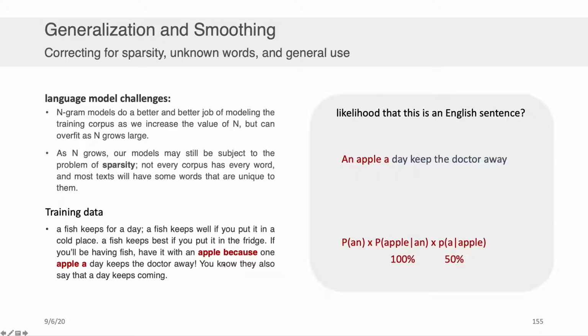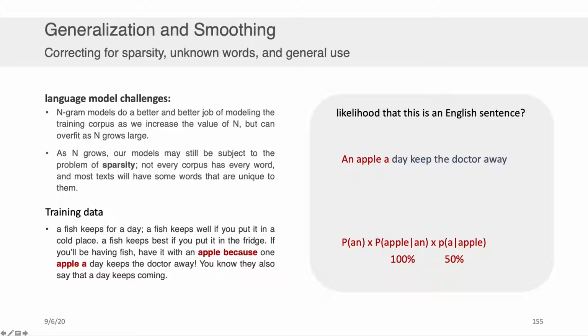And then I could say, okay, well, now, given that I have the word apple, what's the probability of the word a showing up next? And you can see that apple shows up twice. One time it's followed by because, and the other instance is followed by a. So actually the chance of getting an a, given that the word was apple, is 50%, right?